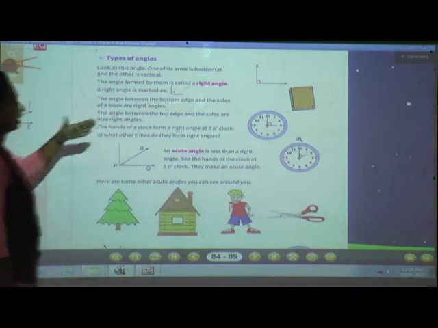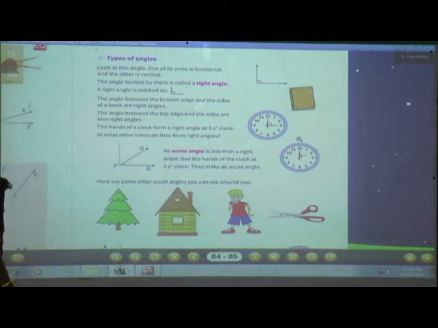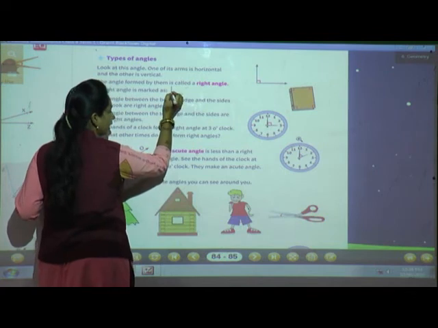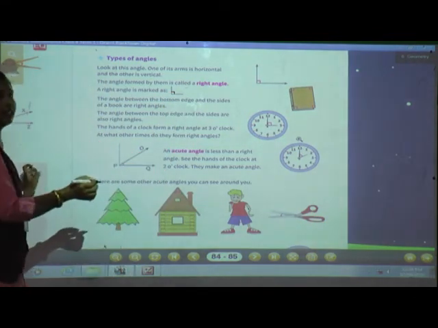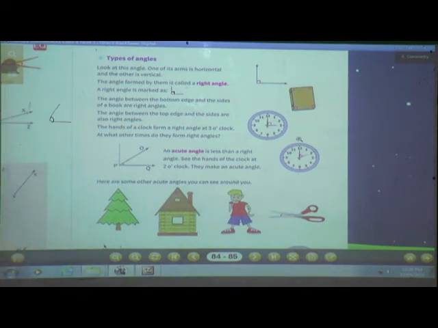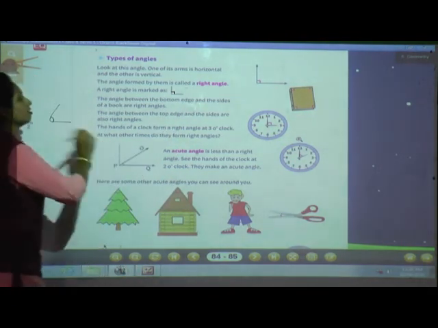A right angle is marked with one standing line and one sleeping line, in this way. Till now we used to mark with a curve, but a right angle you always have to mark with a standing and sleeping line.